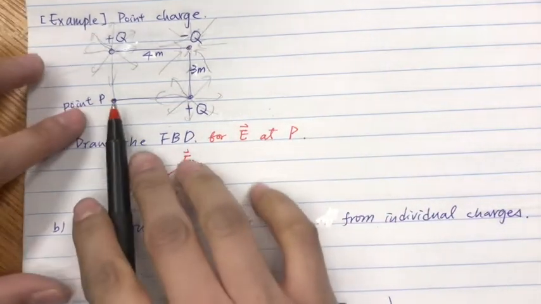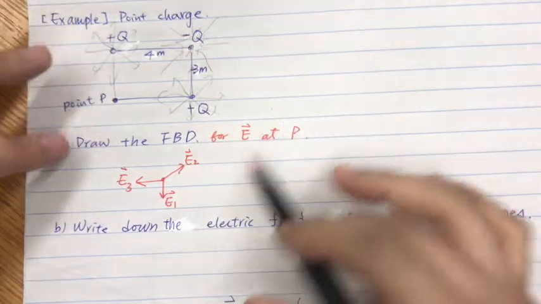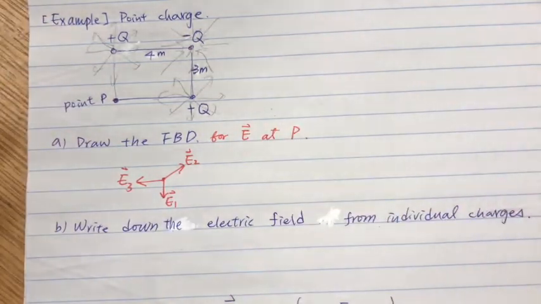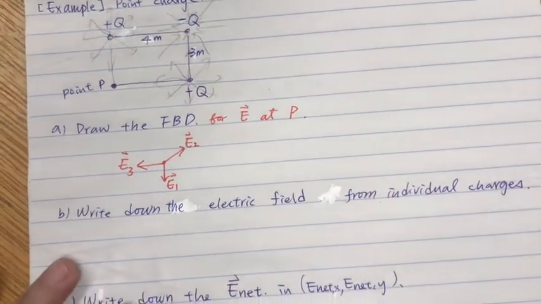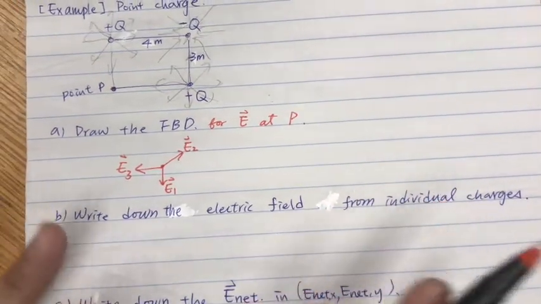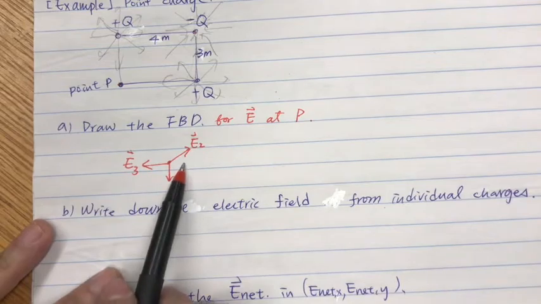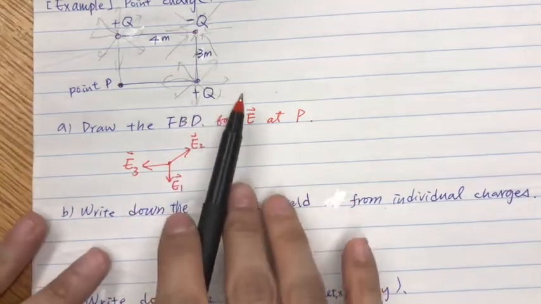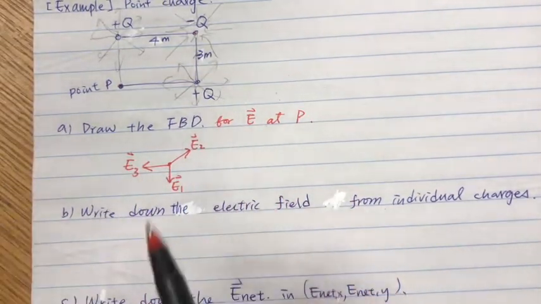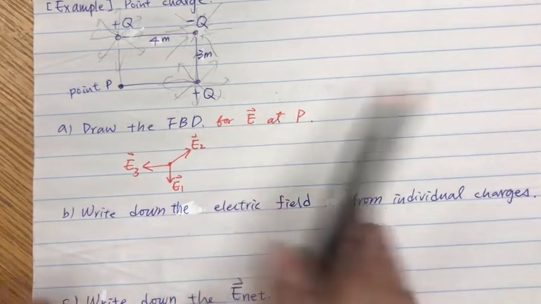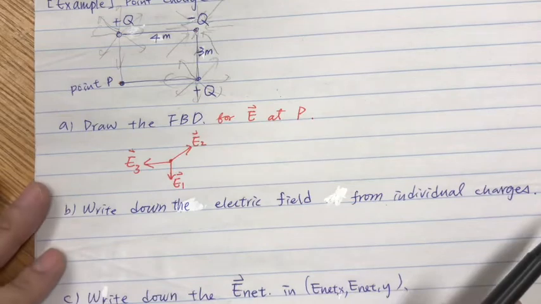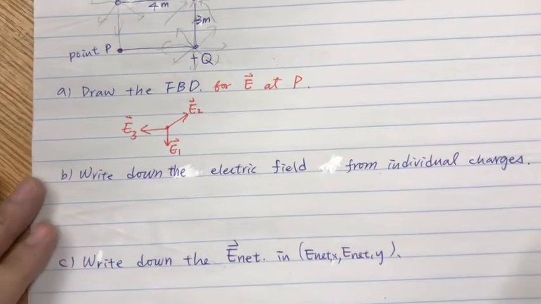And of course, if I give you a charge here, you can plot the same free body diagram, but for the electric force, and you will pretty much just do the same thing. You just need to be careful about the directional force. But since you have done a similar question in the expert TA, here I just want to draw the free body diagram for electric field instead of force. But the logic is the same.